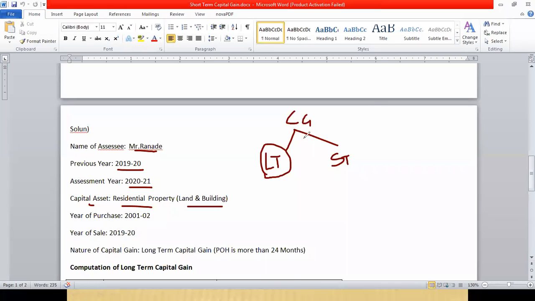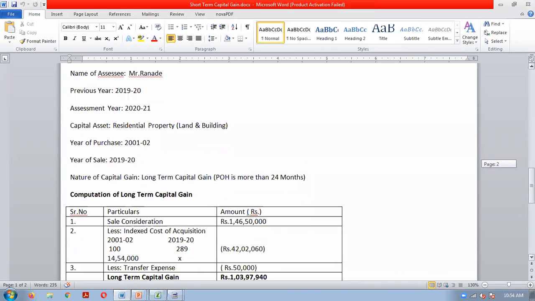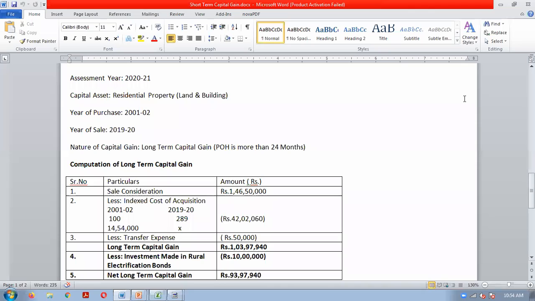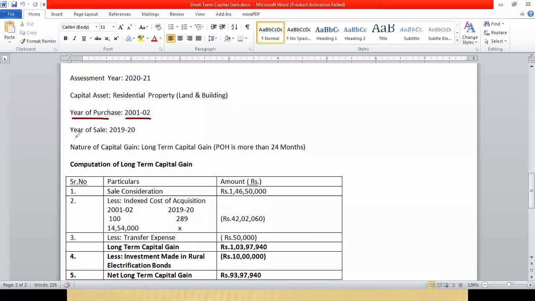Now let us check whether this house property which Ranade sold in 2019-20 is long-term or short-term. The year of purchase is 2001-02 and the year of sale is 2019-20, so approximately how many years is he holding the property? For 18 years. We know that land and building will become long-term if held for more than 24 months, around 2 years.